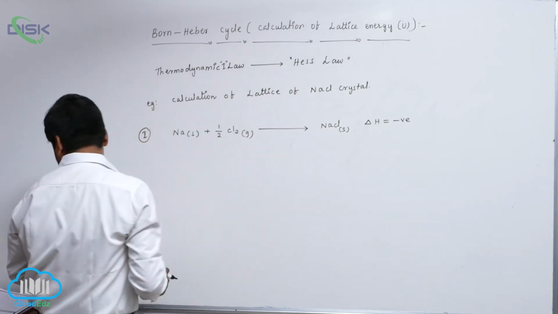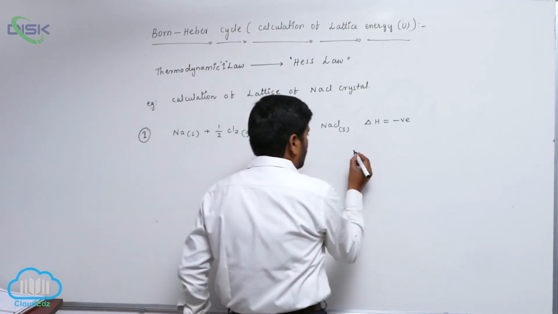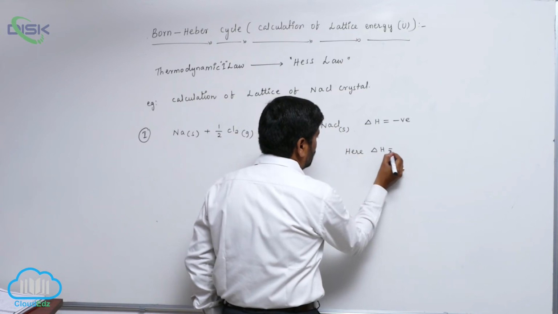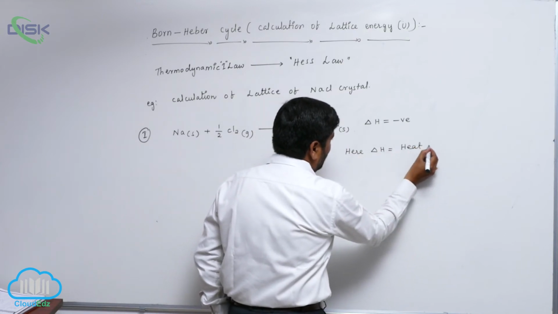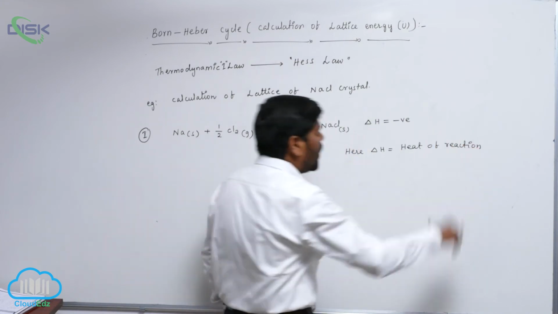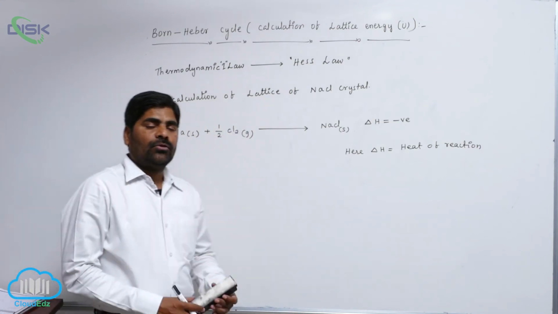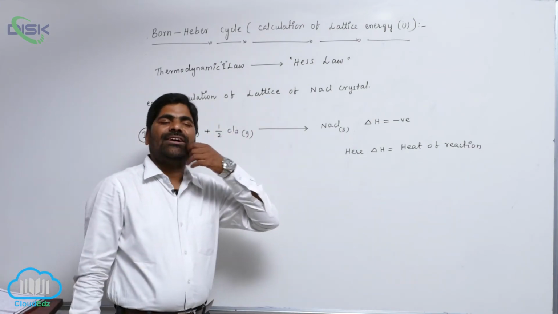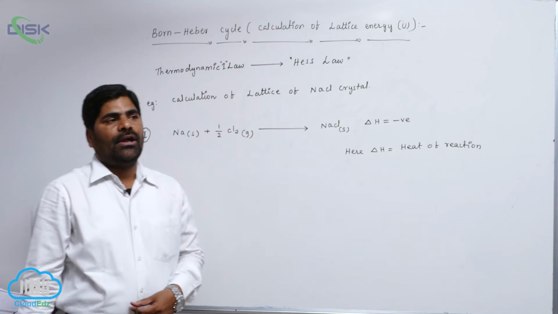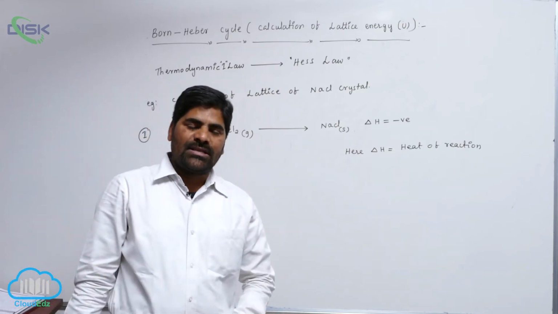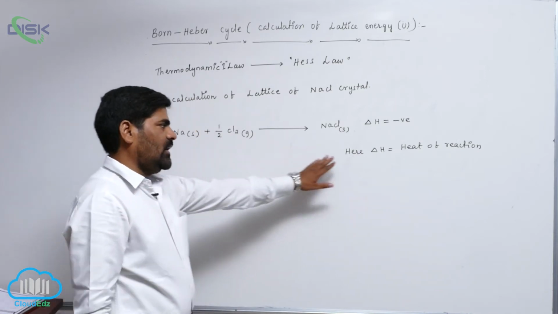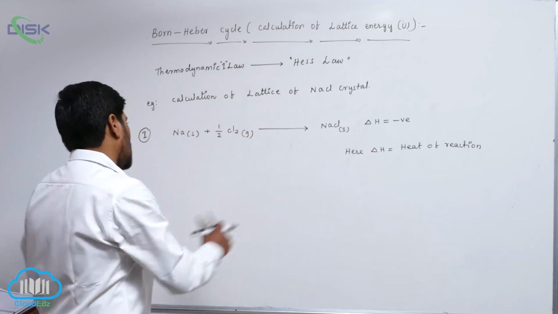Here delta H equals the heat of reaction. The Born-Haber cycle mainly works on the basis of Hess law. If energy is released in one step or multiple steps, it is always equal to the sum of the energies of the individual steps.